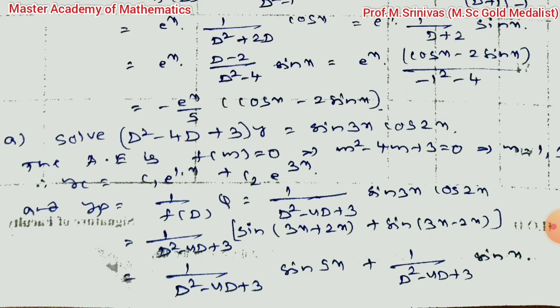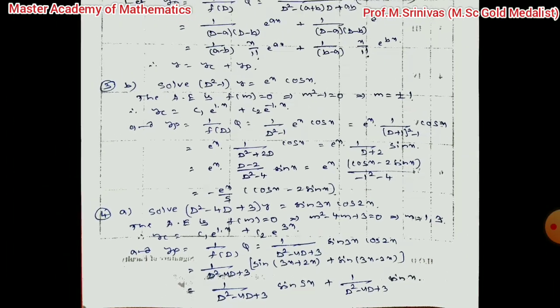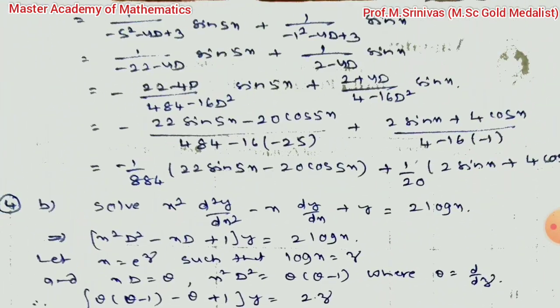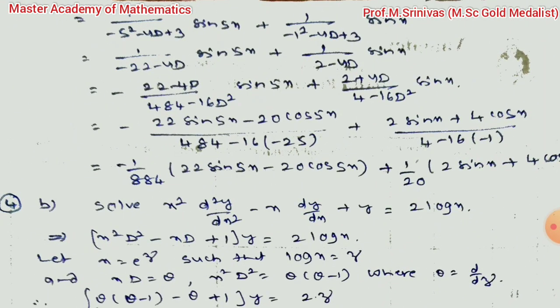I am just separating individually, and you are calculating as per the procedure, sine of ax. So 1 by 2 is there, extra 1 by 2 into that, D square is replaced by minus a square in the first expression and second expression also.